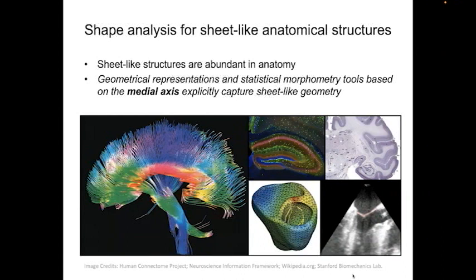Here we have a model of the myocardium. Here we have heart valves in an ultrasound image. Again and again, we encounter this organization of tissue into sheets. And geometric representations that are explicitly connected to the sheet-like geometry have to have certain advantages over more general representations, like a general boundary mesh.